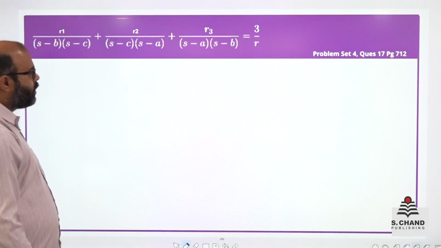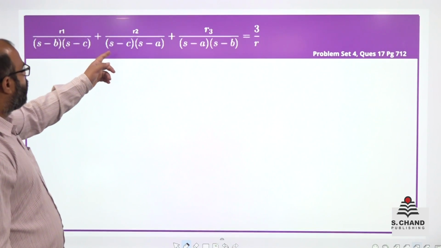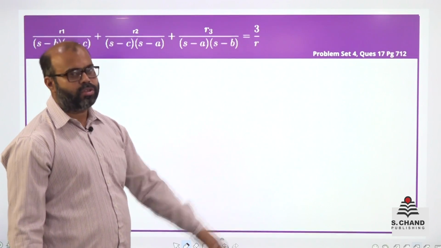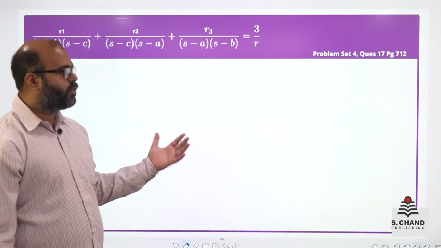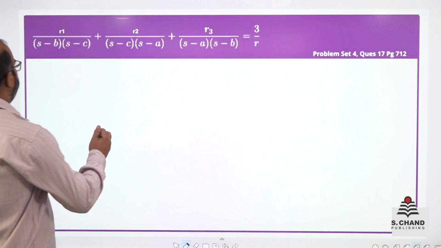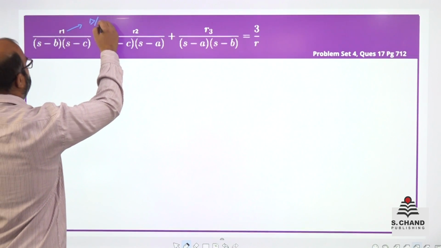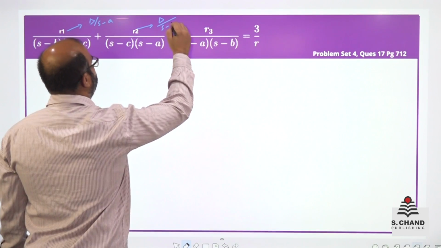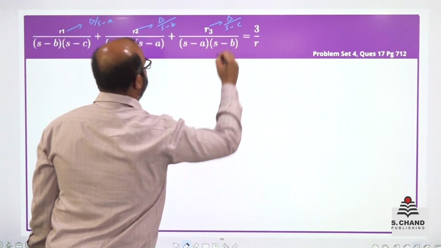Next question is about exradii. So r1 upon (s minus b)(s minus c) plus r2 upon (s minus c)(s minus a) plus r3 upon (s minus a)(s minus b) is equal to 3r, and you have to tell whether it is true or false. So let us see. If we take r1, this is triangle by s minus a, r2 is triangle by s minus b, r3 is triangle by s minus c.